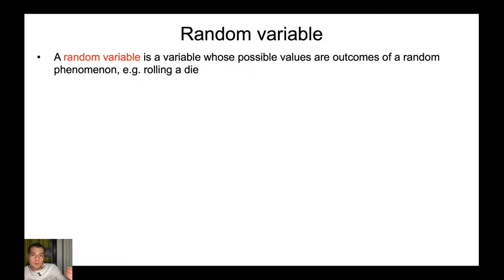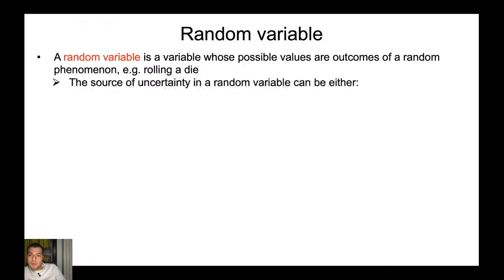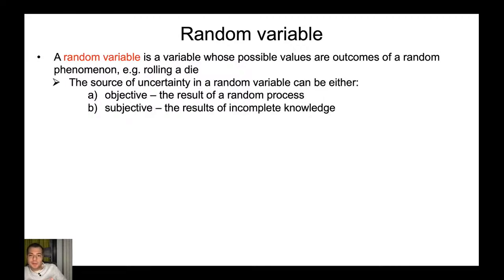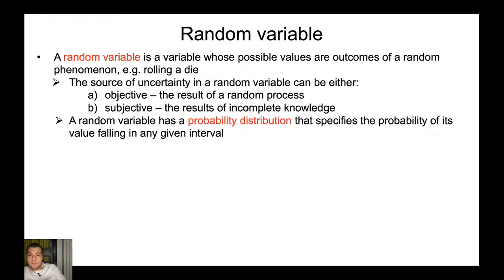The rolling die is the random variable. It can have two sources of uncertainty: one that is objective, the result of a random process, and one that is subjective, the result of incomplete knowledge about the variable.